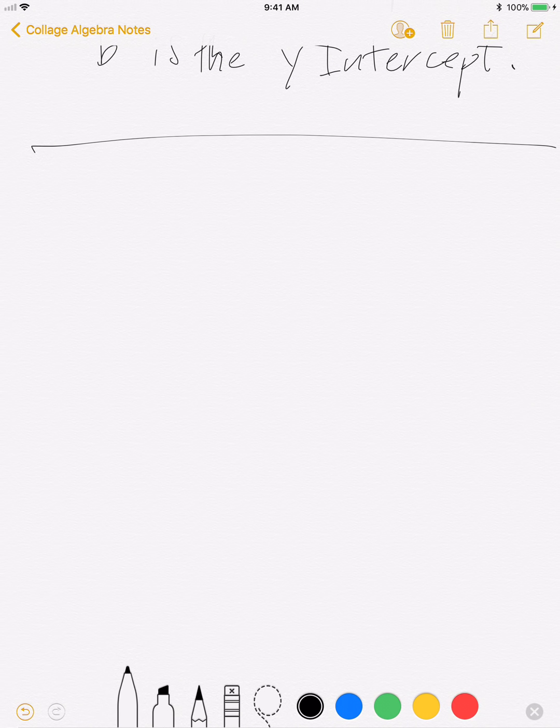The slope is the change in the y value every time the x value is incremented or increased by 1.